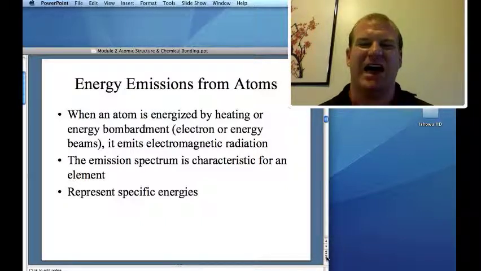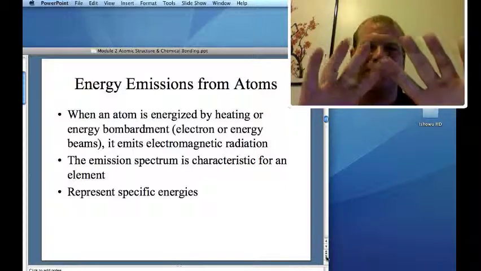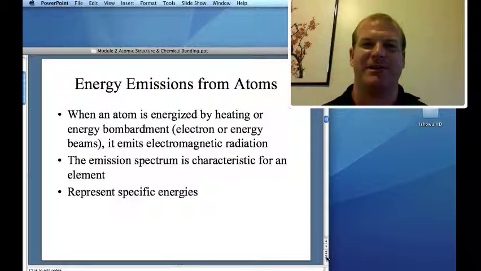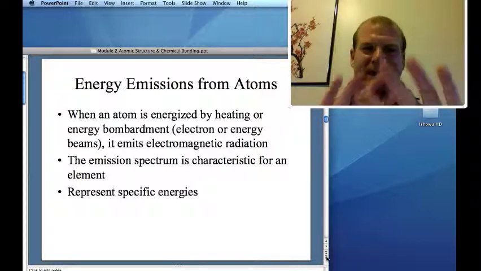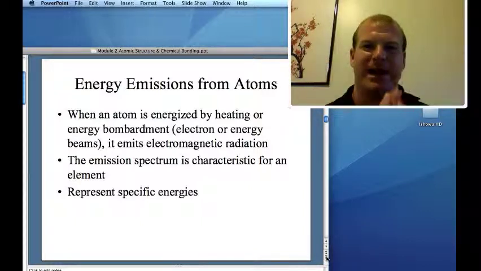So atoms have fingerprints, just like I have fingerprints. My fingerprints are literally the indentations of the skin in my hand. In atoms, it's the light that comes out. So if I go rob a bank and I leave my fingerprints at the bank, the police can track me down. If we see a specific type of light coming from atoms, we can verify, aha, we found that atom.